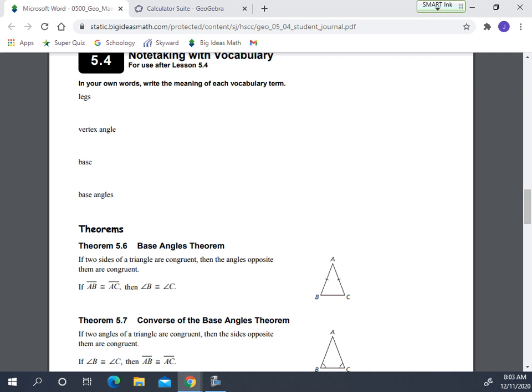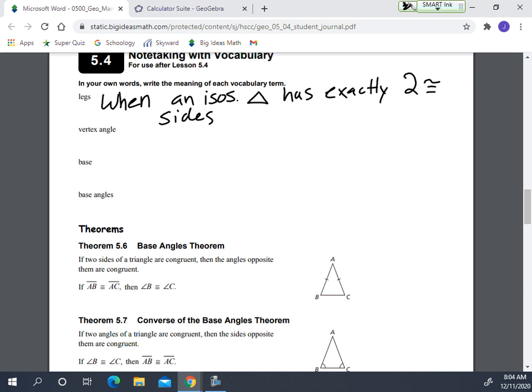All right, so when an isosceles triangle has exactly two congruent sides, the two sides are the legs.